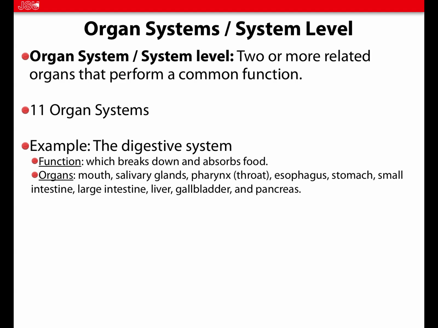Okay, so what happens? We've got multiple organ systems. Some examples: reproductive system, your digestive system, okay, your lymphatic system. All of these are systems. These are 2 or more organs working together to do a particular function.